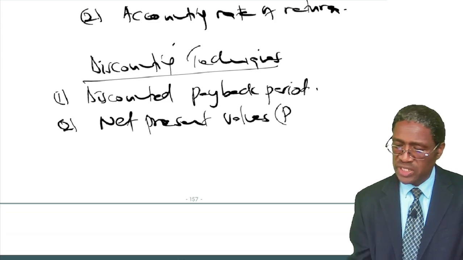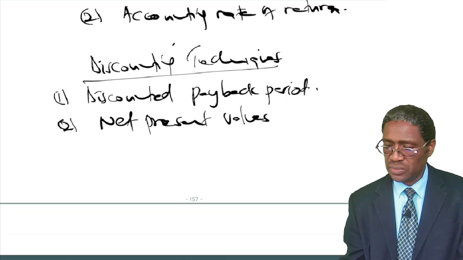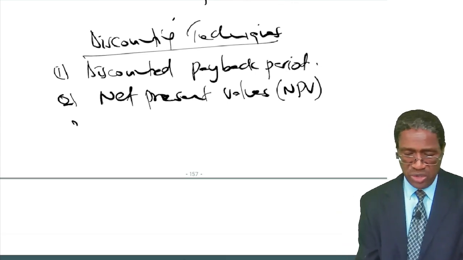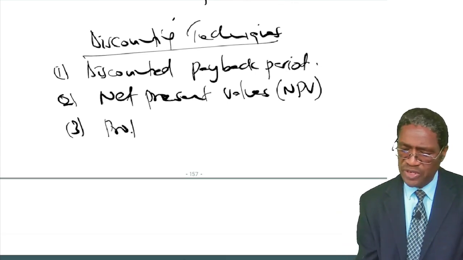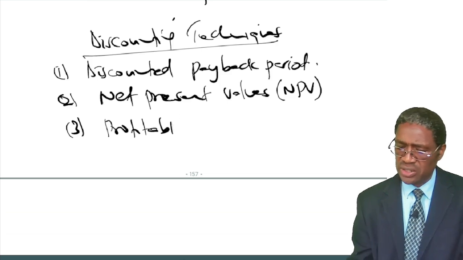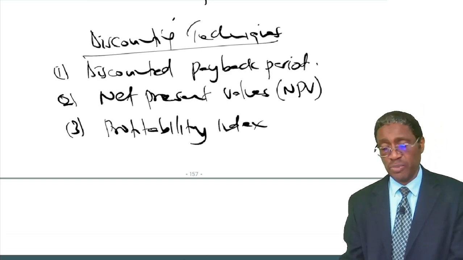We also call it NPV in short. NPV. That's another method you can use. Another method we can use is what we call profitability index. Profitability index as another method of evaluating projects.